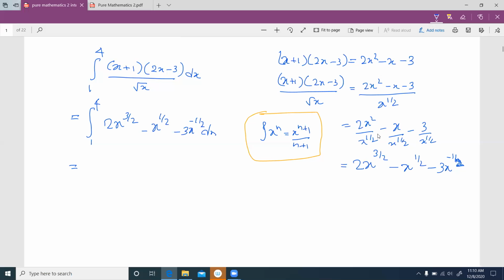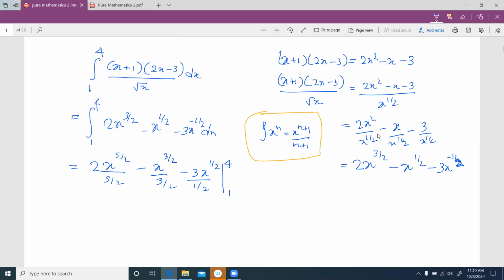So if you do this integration, 2 x to the power 3 over 2 plus 1 is 5 over 2, over here it's 5 over 2, minus x to the power half plus 1 is 3 over 2, over 3 over 2, minus 3 times x to the power minus half plus 1 is plus half, over plus half. Then you can put the boundaries with it, 1 and 4 as mentioned in the previous case.